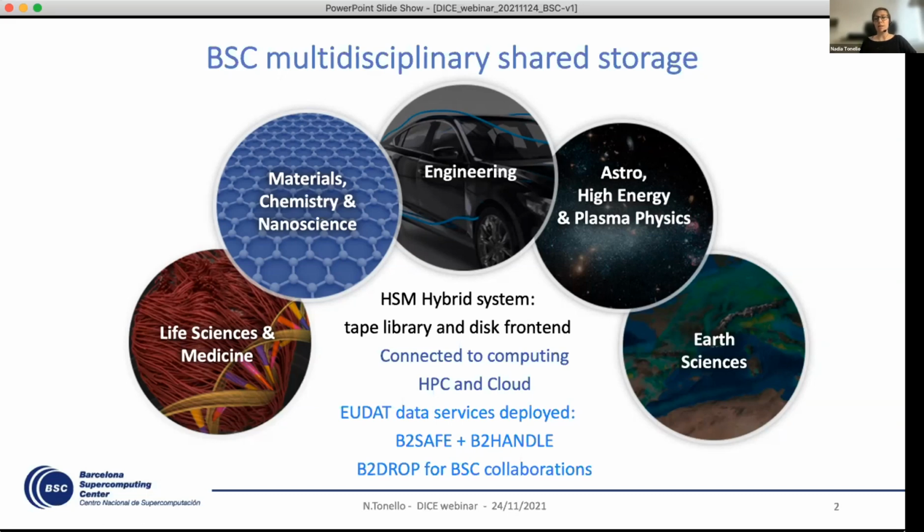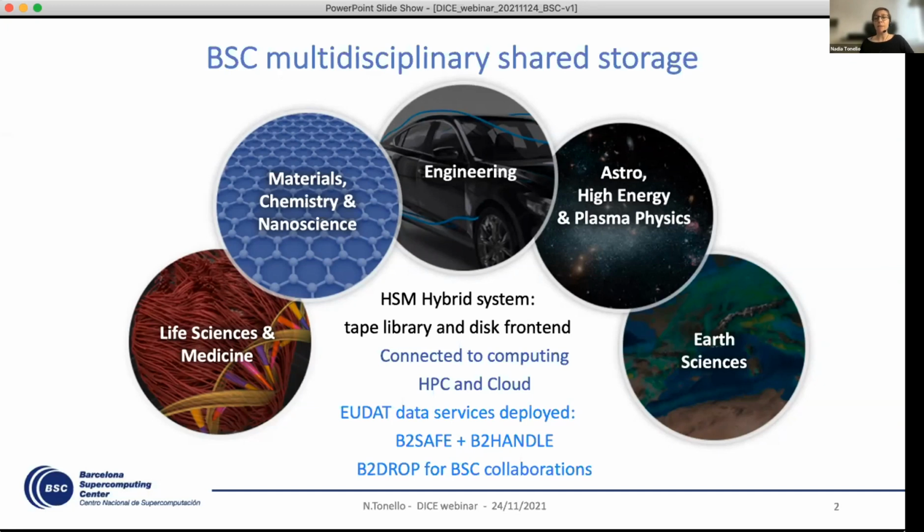It has a huge tape library behind a disk front end, and this hierarchical system for management permits it to be very flexible and scalable. It is connected, as I said before, to both HPC and cloud computing.